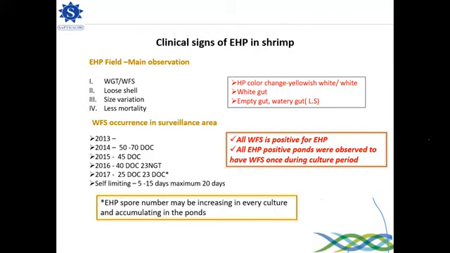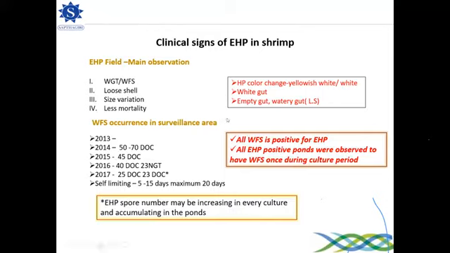In 2014, the first appearance of white fecal was reported at 50 to 70 DOC, whereas in 2017, it reduced to even 23 to 25 DOC. That means the number of EHP spores is increasing and accumulating in the pond during the culture.